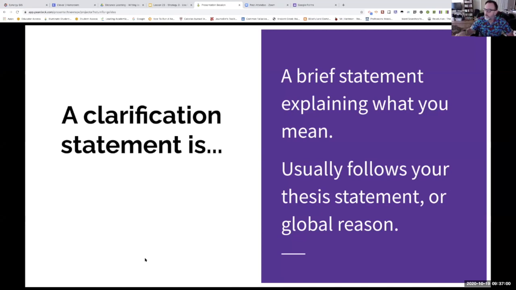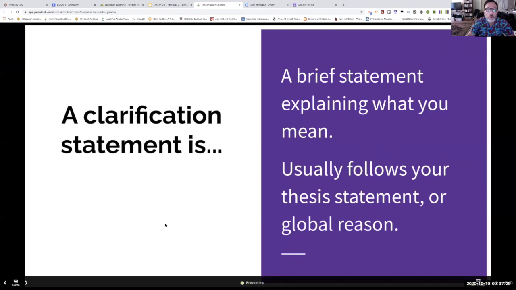For some reason, I've been doing a lot of science reading lately, and I've really been interested in Einstein's theory of relativity. It's one of those things that I've heard explained countless times, and I've just been trying to consume everything I can because I still don't really get it. But this author spends a lot of time writing clarification statements just because it's such a technical subject. So a clarification statement is just a brief statement explaining what you mean.